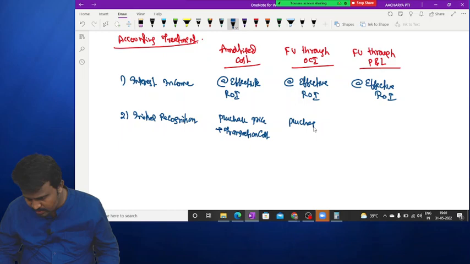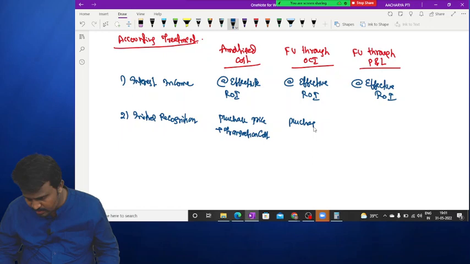Purchase price only. Next, coming to the transaction cost. Transaction cost is required to be capitalized. So what is meant by capitalized, sir? Added to the cost of the asset.